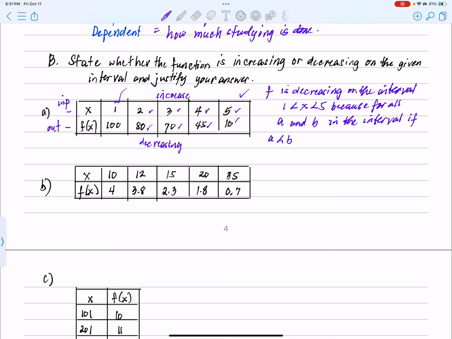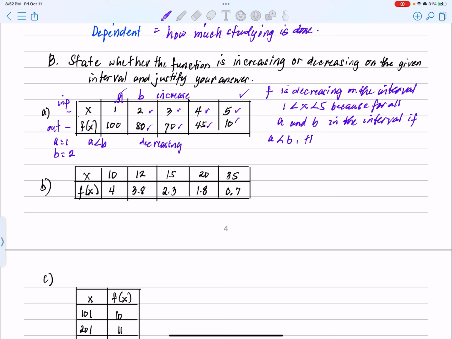For example, our a is 1. I will choose 1 and I will choose 2. Isn't it 1 is less than 2? That means a is less than b.